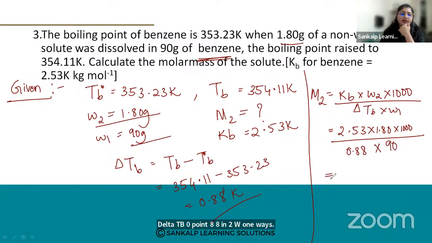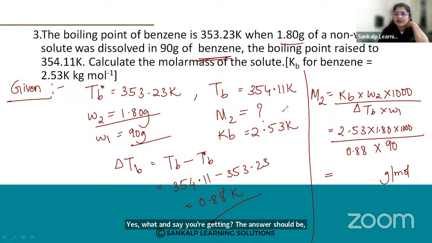Okay, just see what answer you're getting now. 2.53 into 1.80 into 1000 divided by 0.88 into 90. The answer should be in gram per mole, because we are finding the molar mass.